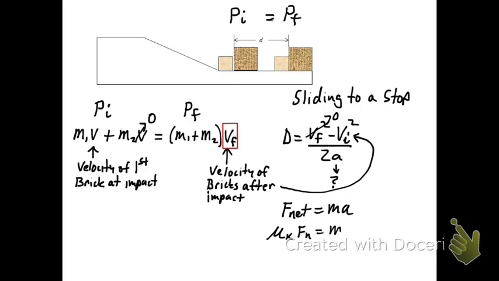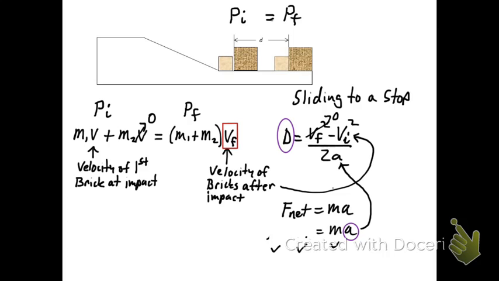In this case, it's the force of friction on these two blocks that slides them to a stop. Mu k is given in the problem, or actually, no, the force of friction is given in the problem. This F net is given as 5 newtons. So we do know all of this stuff.